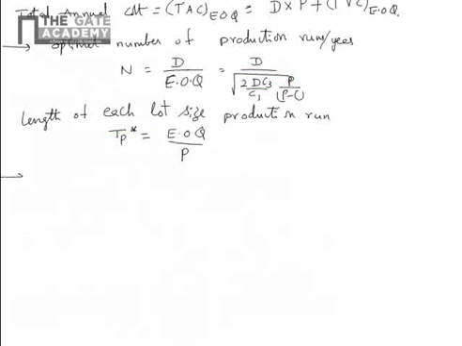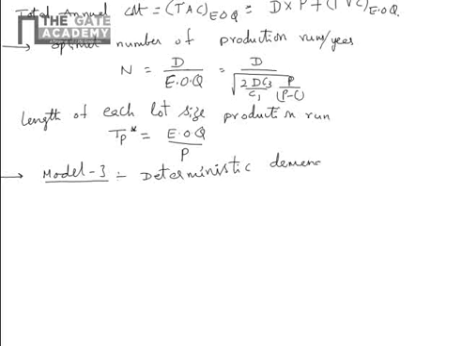So next is model 3. Here deterministic demand and shortages are allowed.